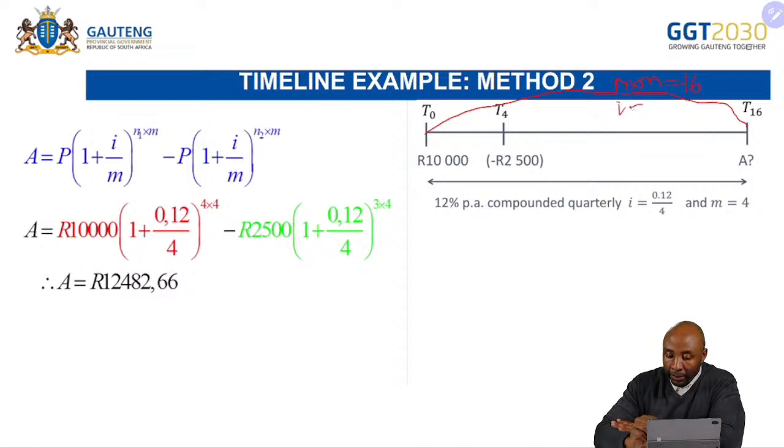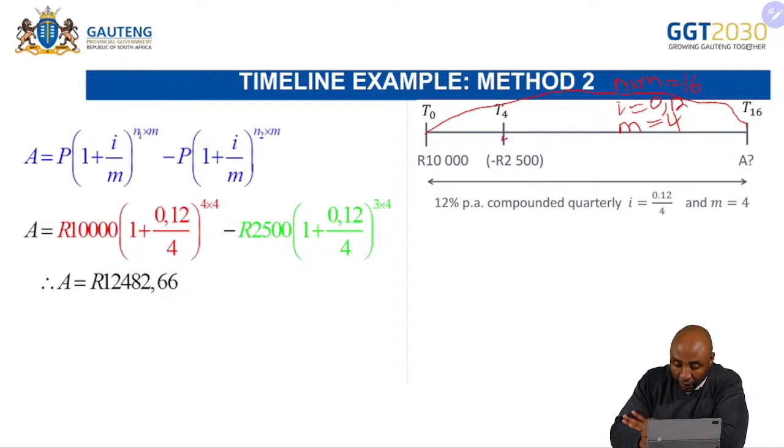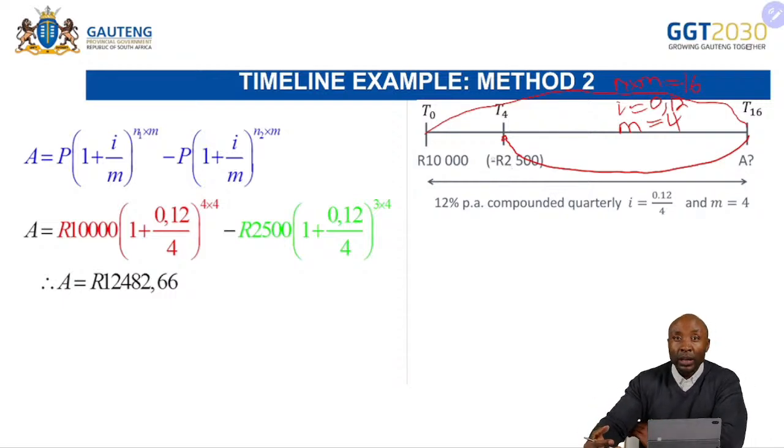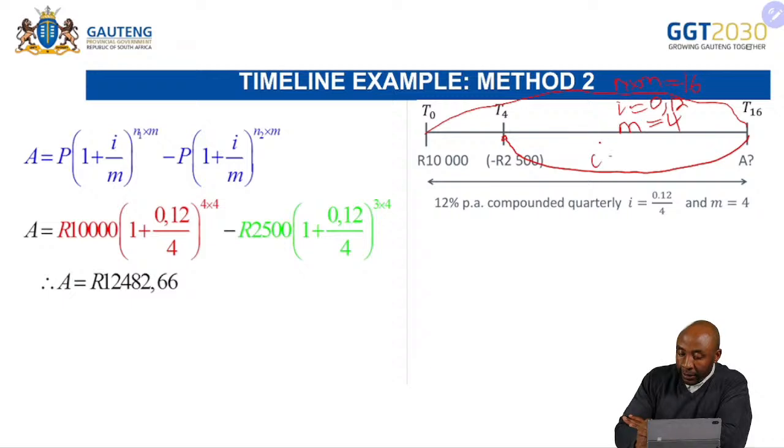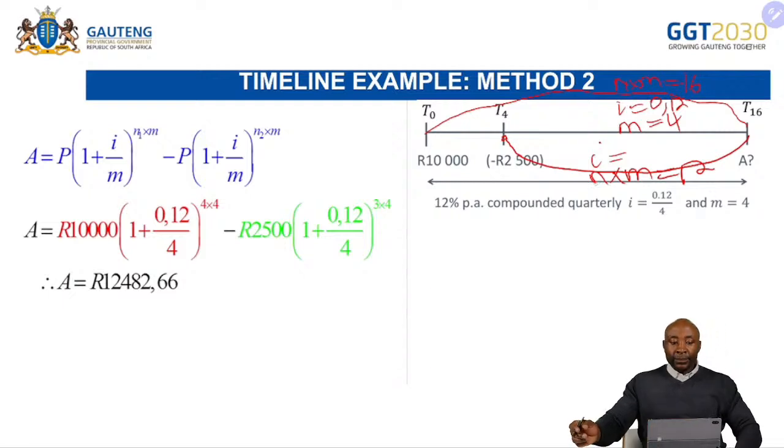Our I remains the same, it's 0.12. Our M is going to be 4 for the 10,000. Then we are making a withdrawal of 2,500. That 2,500 is going to go with the interest that it was supposed to accumulate if it was in the account. So the interest is the same as what we have for the 10,000, but what is changing now is the N times M, which will be 12. So we'll use the formula.